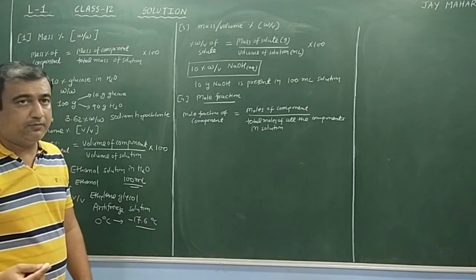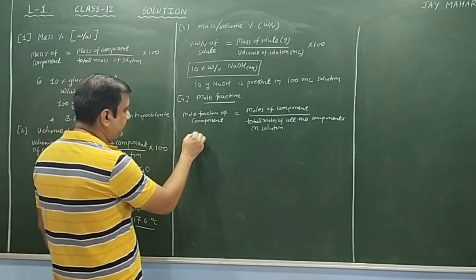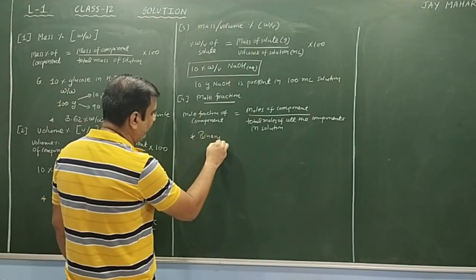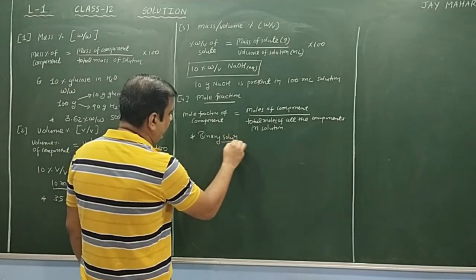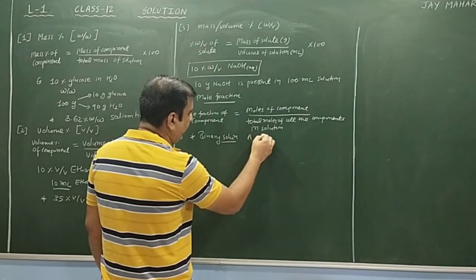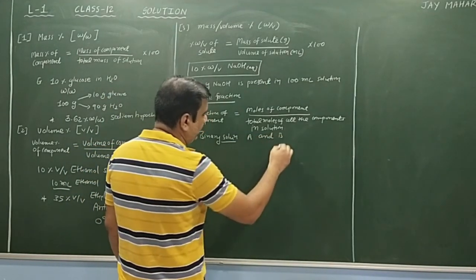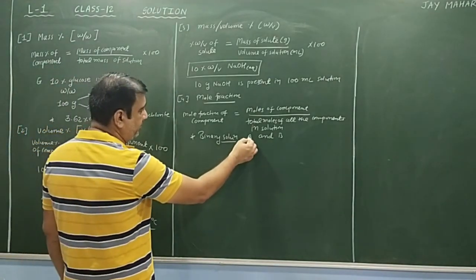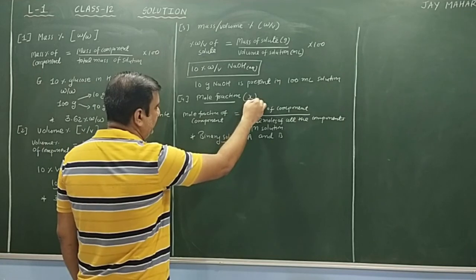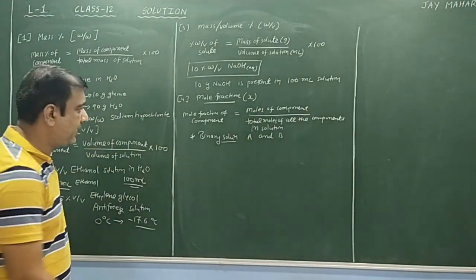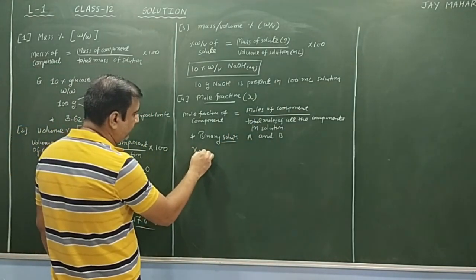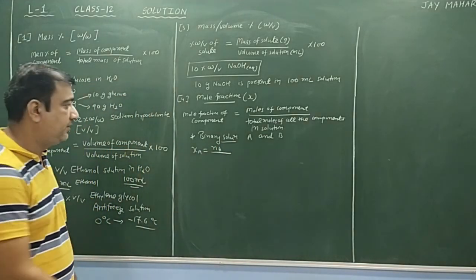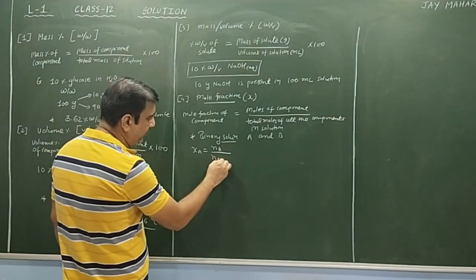Suppose we have a binary solution, that means a two component solution, with components A and B. One is solvent and the second one is solute. Then how to calculate the mole fraction of A? The symbol we use for mole fraction is X. So Xa equals moles of A, that means Na, divided by Na plus Nb.